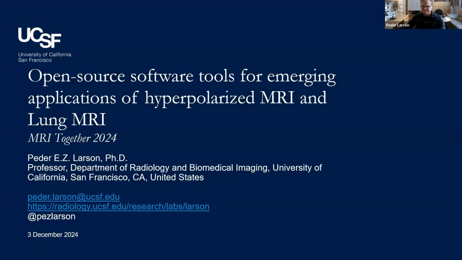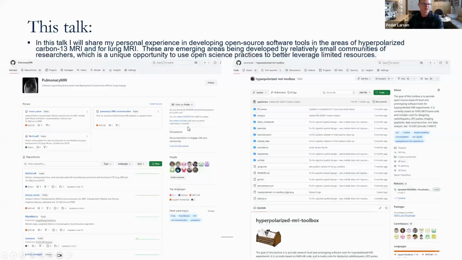So I'm out in San Francisco here, and I'm going to talk about two areas where either I've been involved or advocated strongly for open science practices. And I would call these relatively small research communities that are not brain diffusion or fMRI or something.